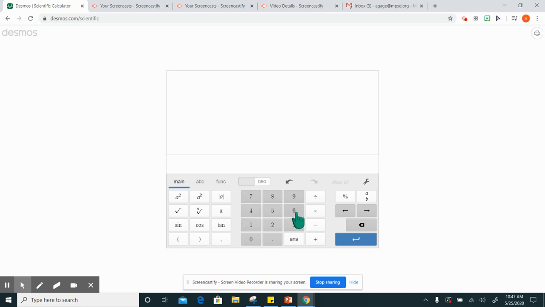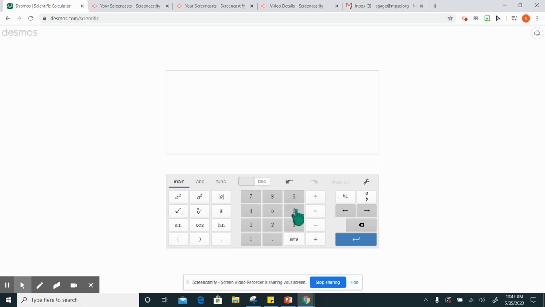But let's type this last one in. So if you don't have a calculator at home, just go to Desmos and use their scientific calculator. You can see here's your sine, cosine, tangent. You want to be in degrees. So if I click this, now it says it's in radians. I don't want to be in radians. I want it in degrees.